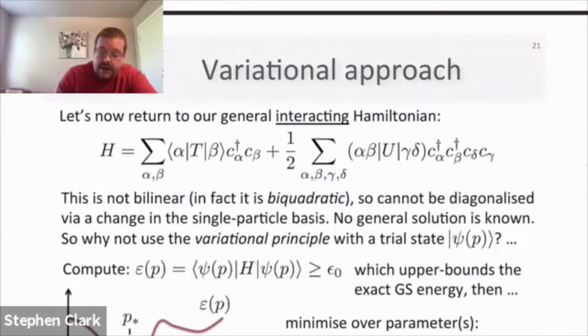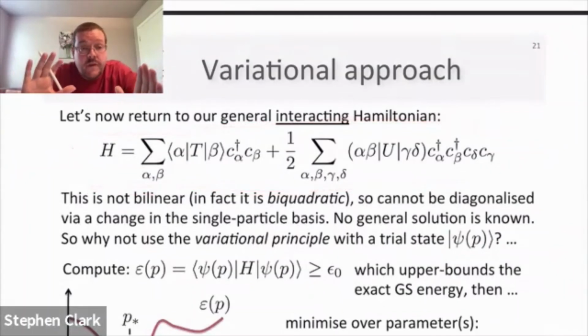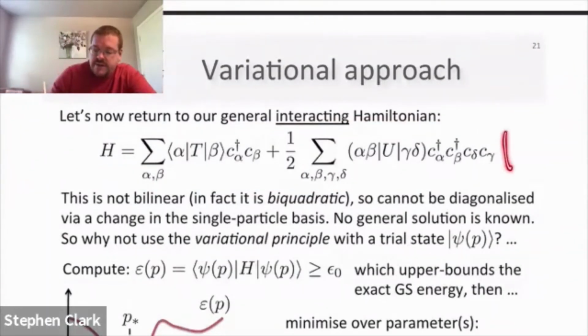So we're going to go back to our interacting Hamiltonian, and we're going to solve it by working out the best possible single particle ground state, the best possible Slater determinant that describes the ground state of this interacting system. We're going to use the variational principle to do that.